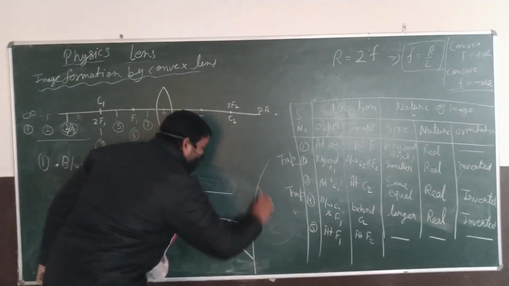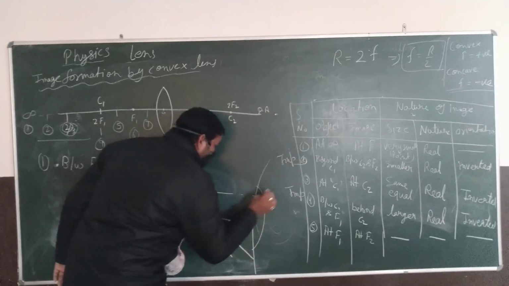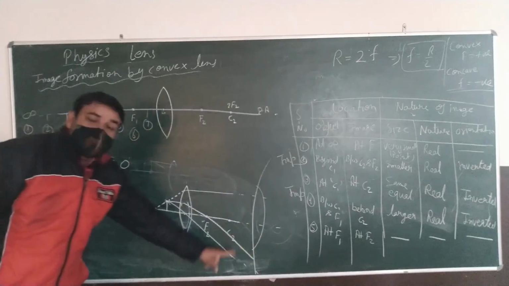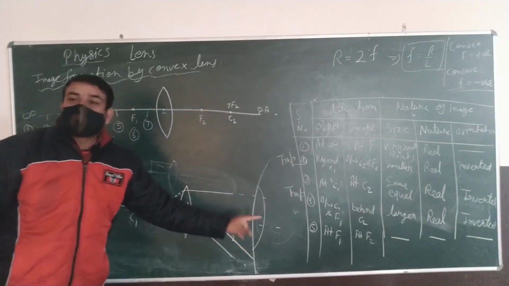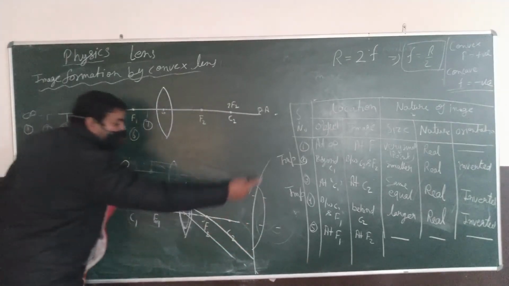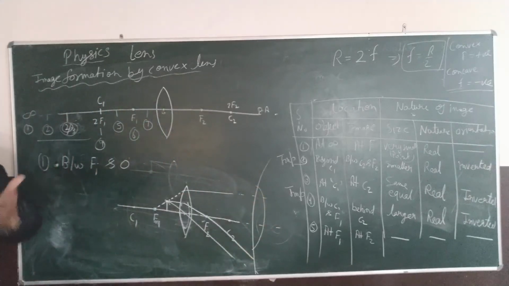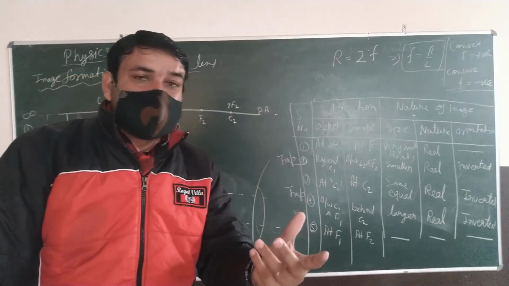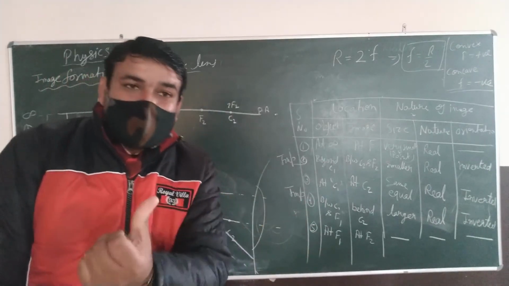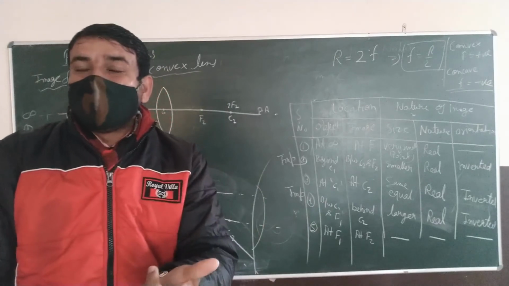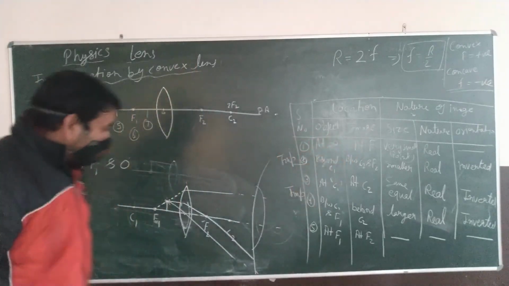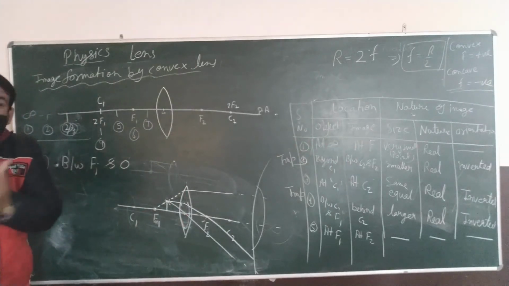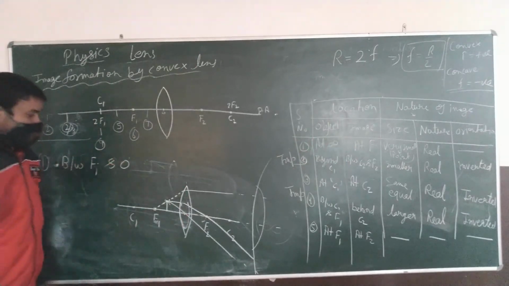Let's say there is an observer, and in his eyes all the three rays enter after refraction. So what can the eye do? It perceives that the light entering is coming from here. Light when perceived is always in a straight line.